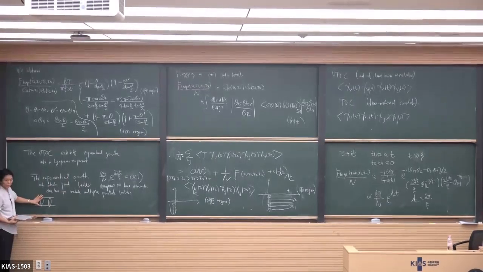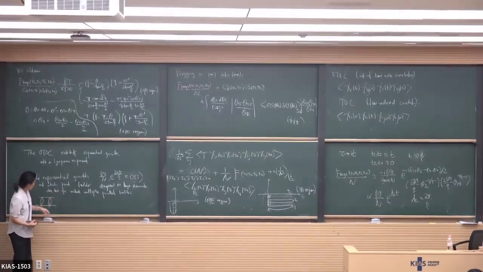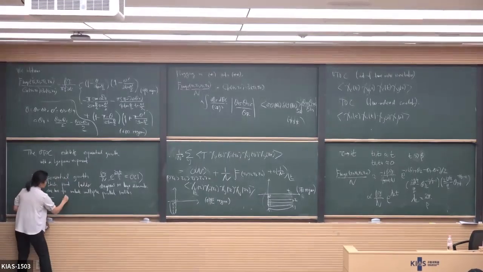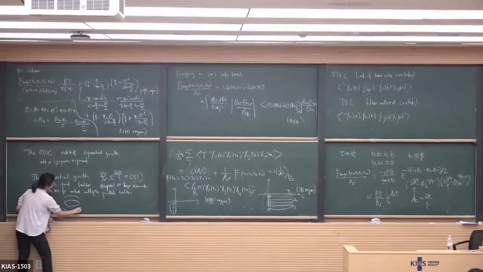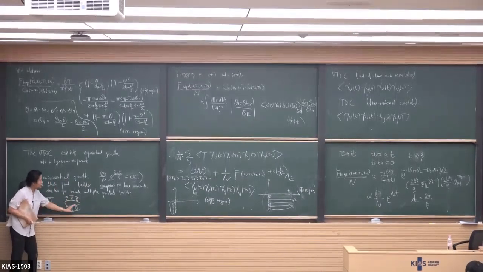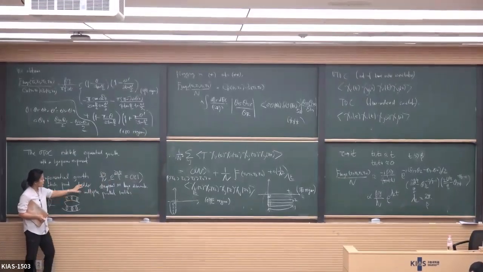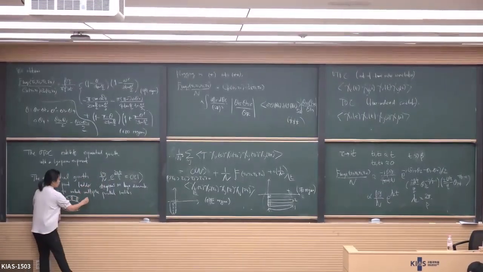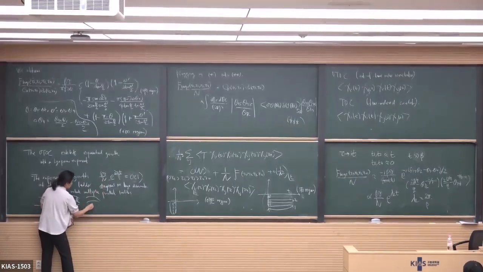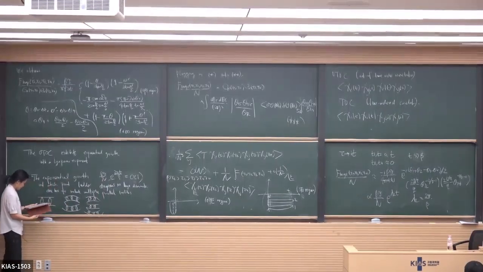So this is one ladder. Now, if you go to 1 over n squared, for instance, you'll have Feynman diagrams that have two parallel ladders like this. Each ladder scales like beta J over n times e to the 2 pi t over beta, so this diagram goes like that factor squared. And so on. When this is of order 1, you cannot ignore diagrams with three parallel ladders like this.